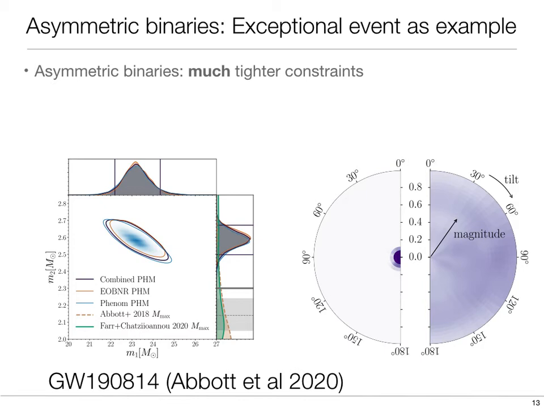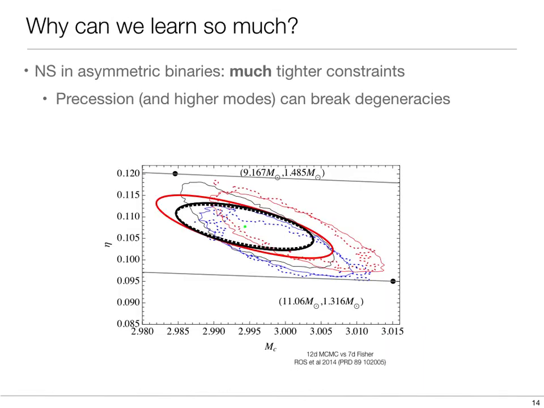So why can asymmetric binaries be so well constrained? In what follows, I'm going to use a specific synthetic source, actually a pair of two synthetic sources that are going to be shown in thin red and thin blue. As we have absolute certainty, and we know what we've injected, we can control for every single effect. In short, asymmetric binaries have a larger phase space that can include precession, and to a lesser extent, they also emit higher order modes more strongly, and both of these break some degeneracies, enabling sharper constraints.